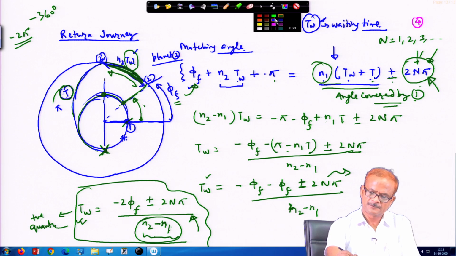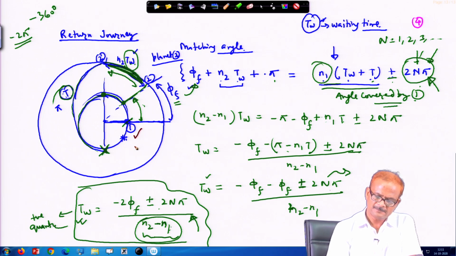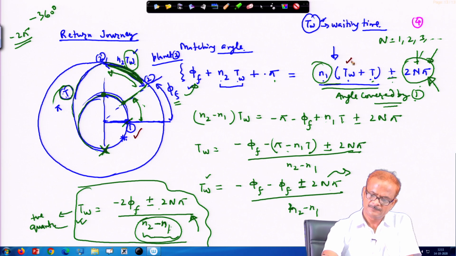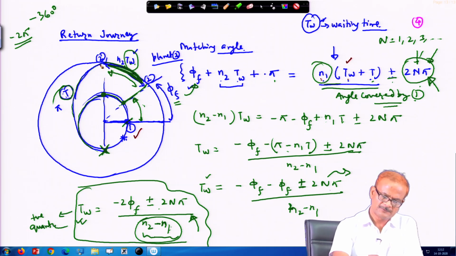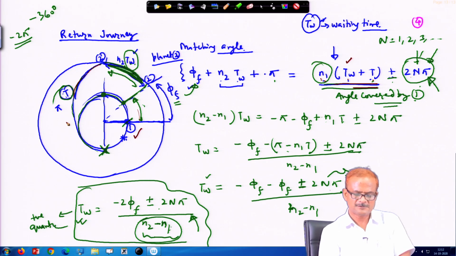So, to wind up this particular part, what we have done: we have taken planet 1, and in the wait time T w it will move by n1 times T w, and then during the flight time it will move by n1 times T. So, I have added this, and to this I have added plus minus 2n pi, because the planet is faster, so it can go many times.